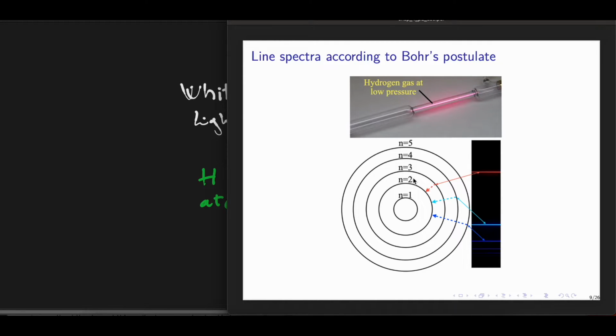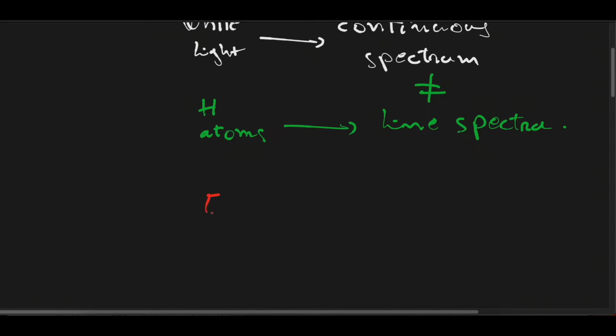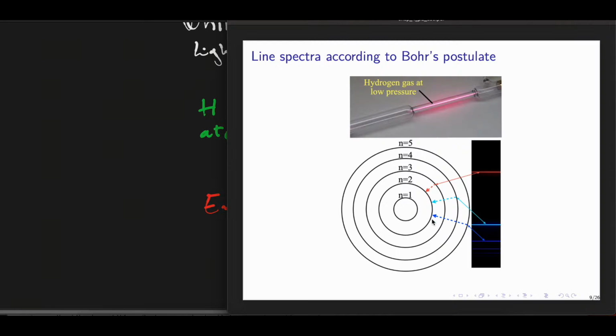Because the electron couldn't be on any energy level and it has to emit only energy of a given wavelength, it became clear that the energy of the electron in the hydrogen atom is also quantized. So according to Bohr's postulate, energy is quantized, because the electron has to occupy only orbits of specific energy.